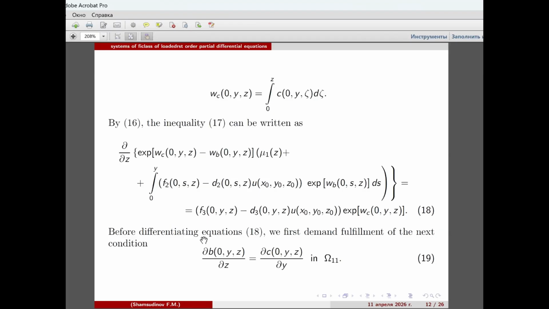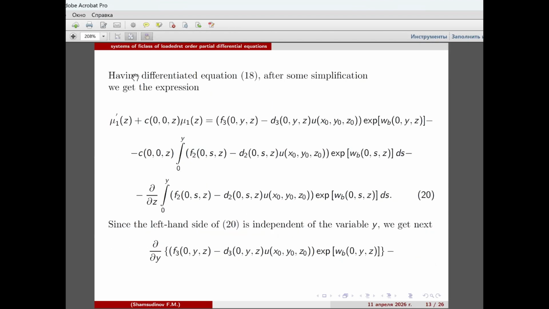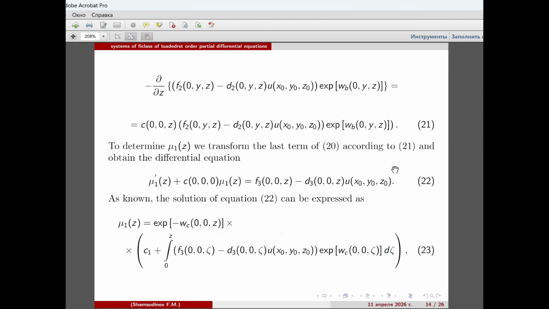Before differentiating equation 18, we first demand fulfillment of the next condition 19. Having differentiated equation 18, after some simplification, we get the expression 20. Since the left hand side of 20 is independent of the variable y, we get the next 21.